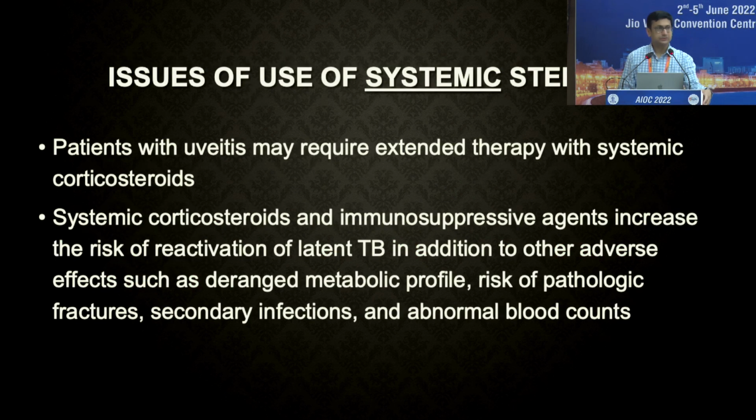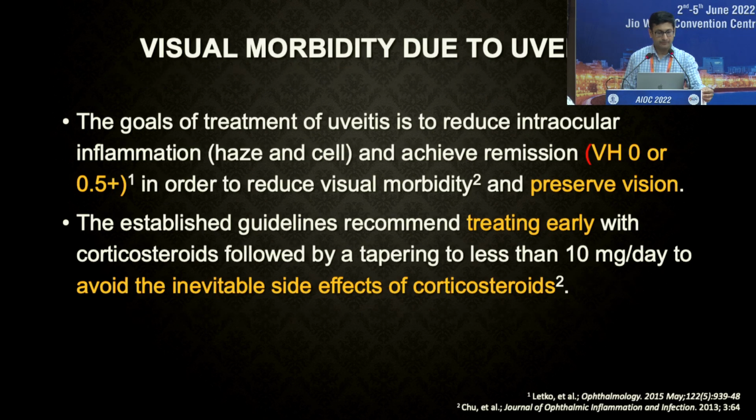We all know the issues with systemic steroids, because many patients require extended treatment with systemic steroids and immunosuppression, all of which increase the risk of complications such as reactivation of TB and other adverse effects such as derangement of metabolic profile, secondary infections, and abnormal blood counts.